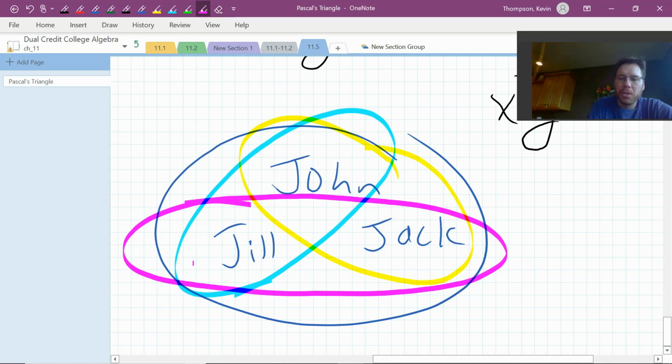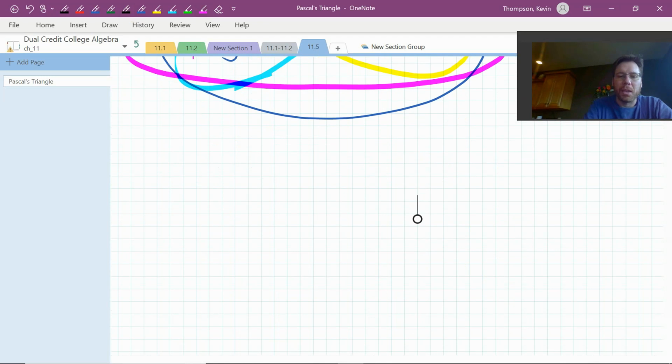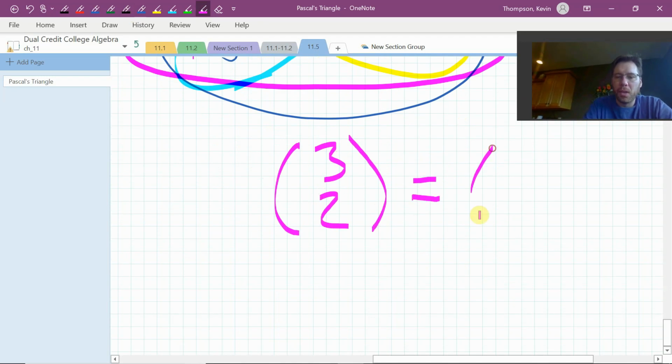Or by choosing Jill and Jack, didn't I not choose John? So not choosing John is the same as choosing Jill and Jack, which is why we have this symmetry again. Choosing 2 out of 3 is the same thing as choosing 1 out of 3.